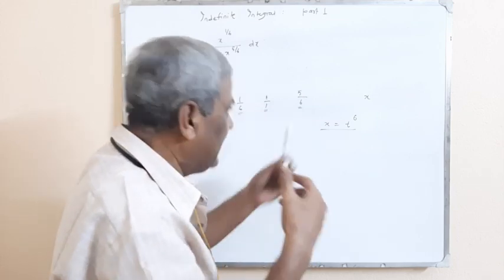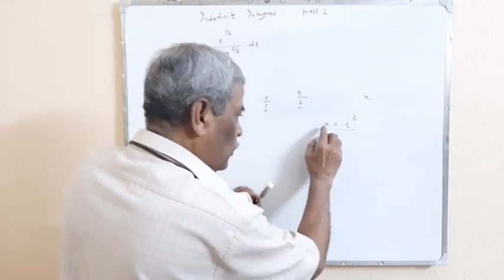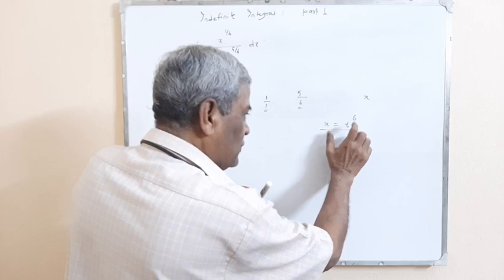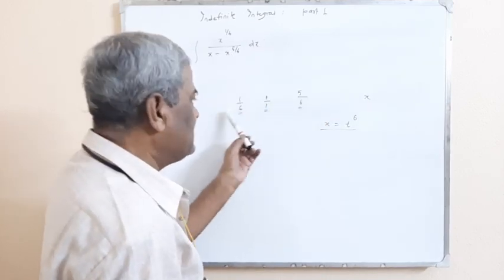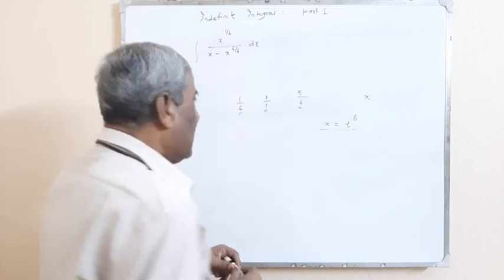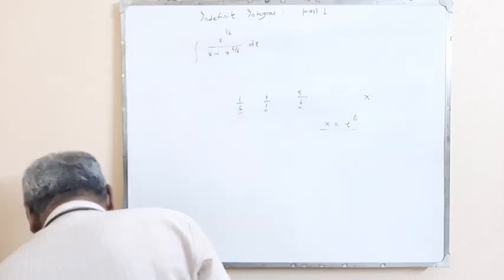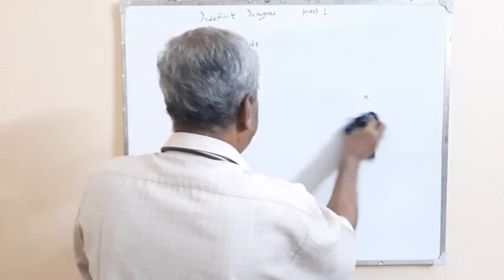Here it is 6, so put x equal to t to the power 6. If the LCM is 10, take x equal to t to the power 10. After that, what would happen? Let us see. We have to change the variable.